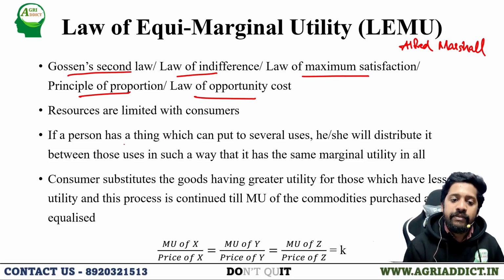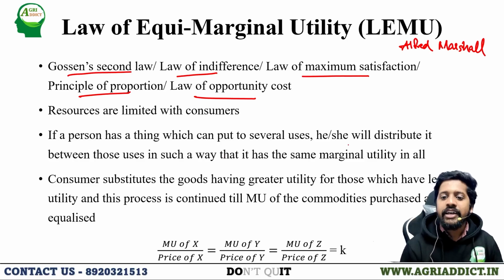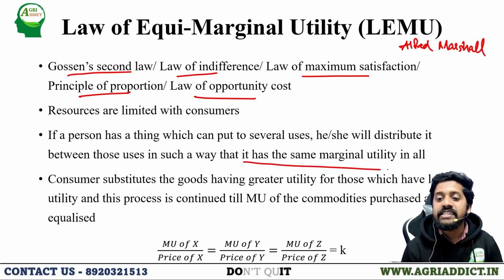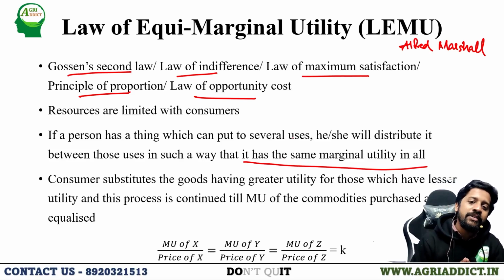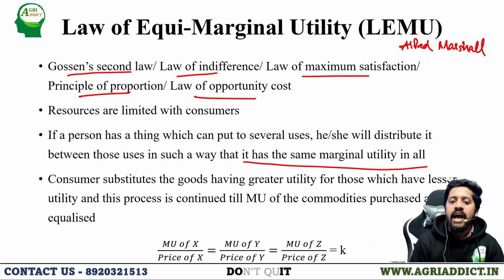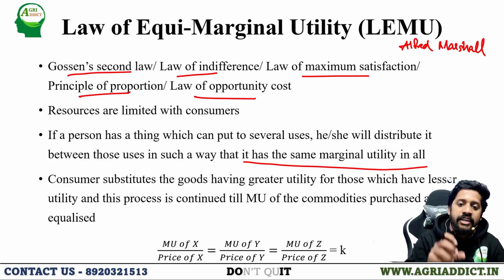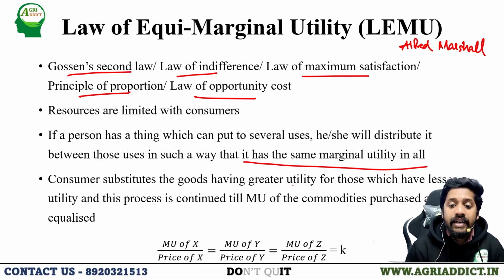utility. So if a person has resources which can be put into several uses, he or she will distribute between those uses in such a way that it has the same marginal utility in all. So how will I allocate my 500 rupees? I will allocate it among these three products in such a way that I derive equal marginal utility from each of the commodities on which I spend my money. So the consumer substitutes goods having greater utility for those having lesser utility.